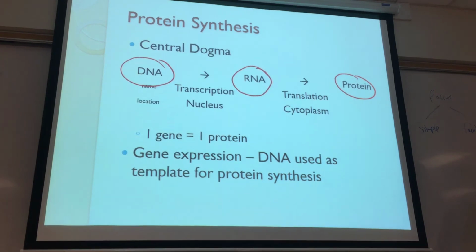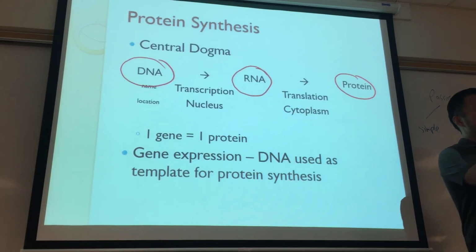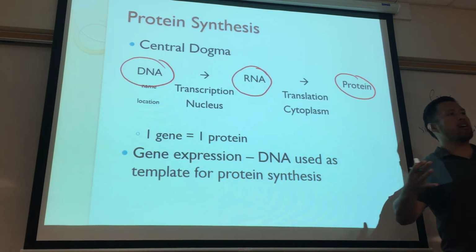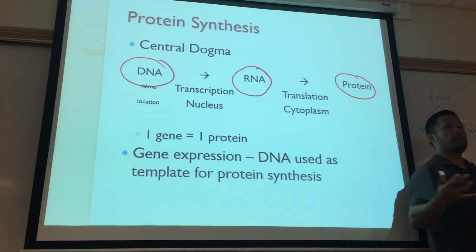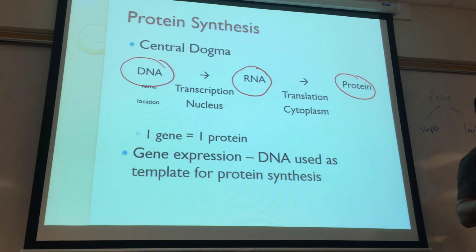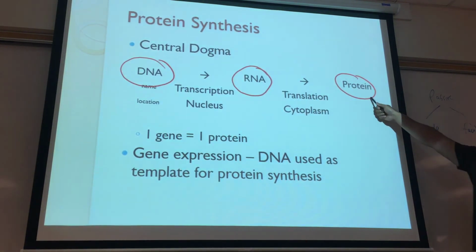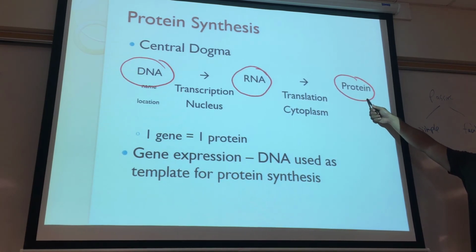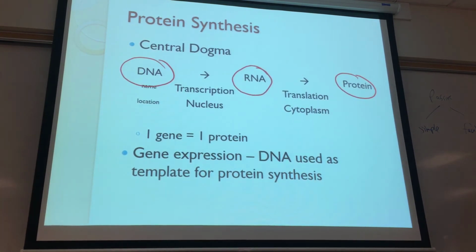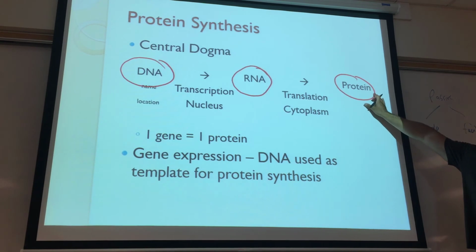So think about the analogy that I'm going to use: DNA is going to house the entire contents. These are going to be the entire blueprints for how a cell is formed. If that's the entire library, what we're trying to produce is a single protein out of it, so what we need are blueprints just for that protein.